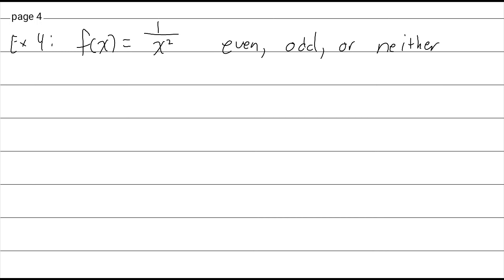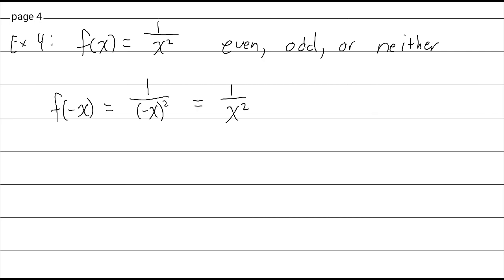Okay. Remember the rule. No matter what you're checking for, change x to a negative x and see what happens. Does changing x to a negative x impact the problem? Well, we already talked about this a few times. Whenever you square a negative x, you get a positive x squared.